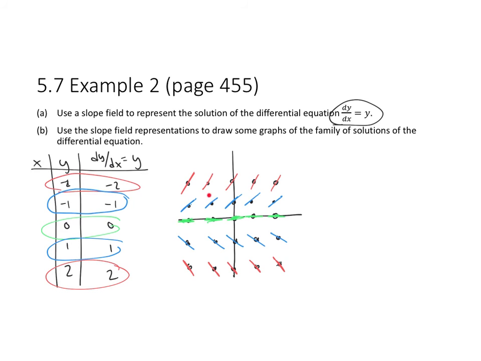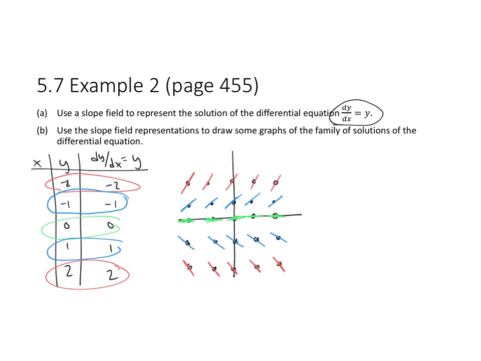Hopefully you can see that we would have something looking like this, and there would be lots of different solutions, and they would all kind of go up and go down like that. Those are some representations of these. What's important to notice is there will always be a rectangle around your box, and you want to make sure you go through the edges. You don't just want to connect any two. It's really important that you go all the way through the edges.